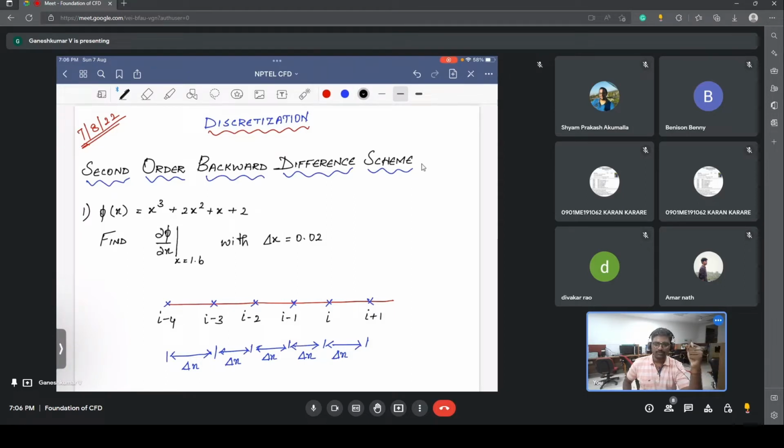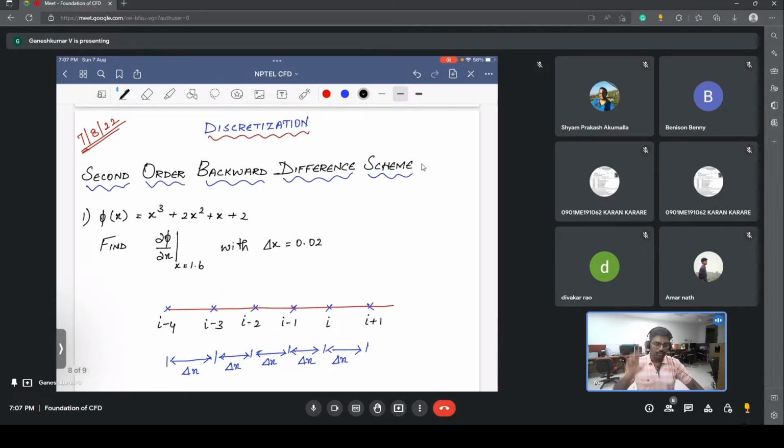Without differentiating a function, how can you get that value? It is an approximation of the real derivative. It is not exactly the derivative. If you differentiate it, you will end up with the exact result, but without differentiating, how do you get the same or approximate results? That is what discretization is.